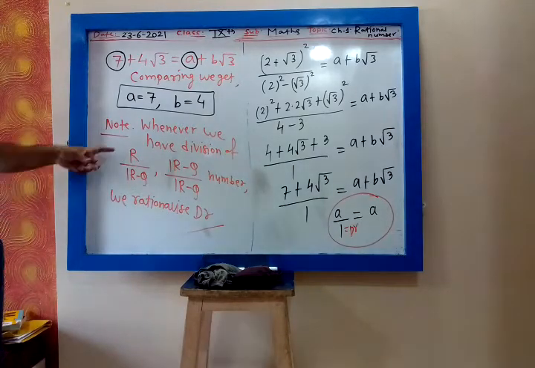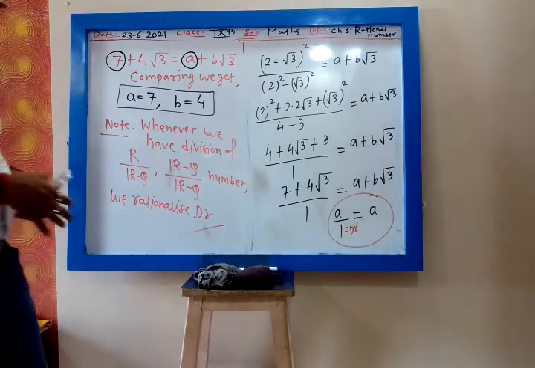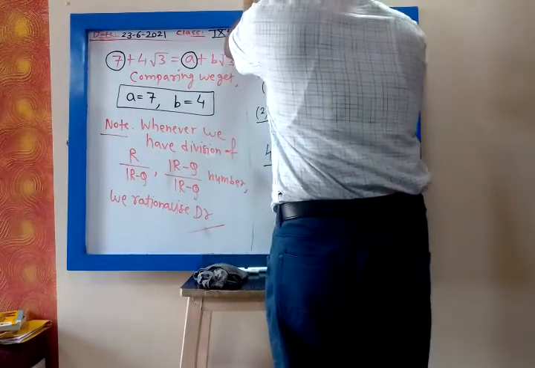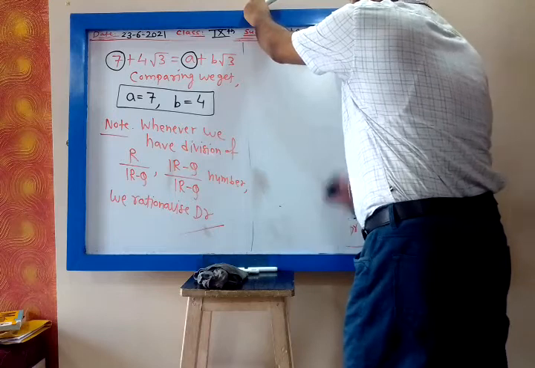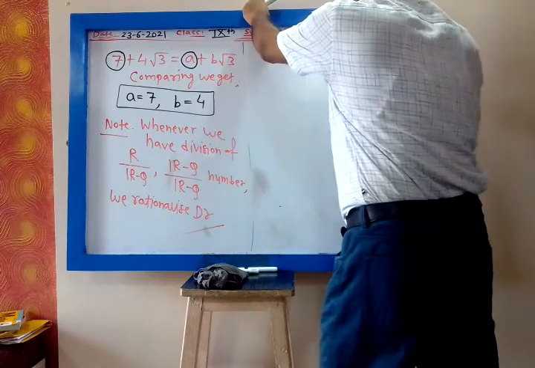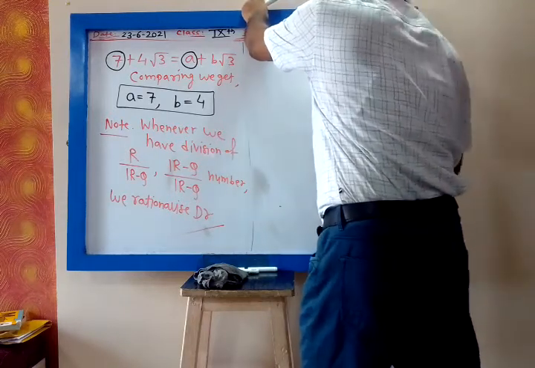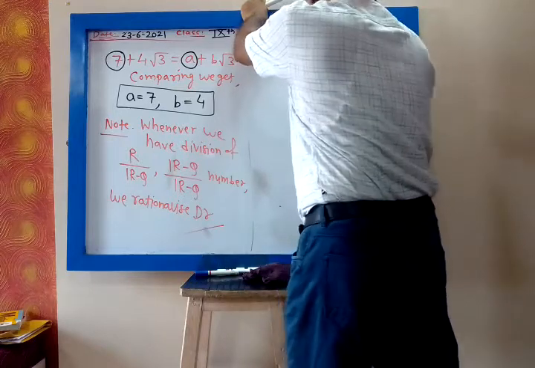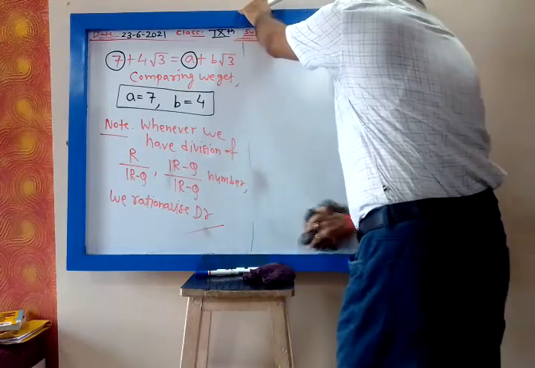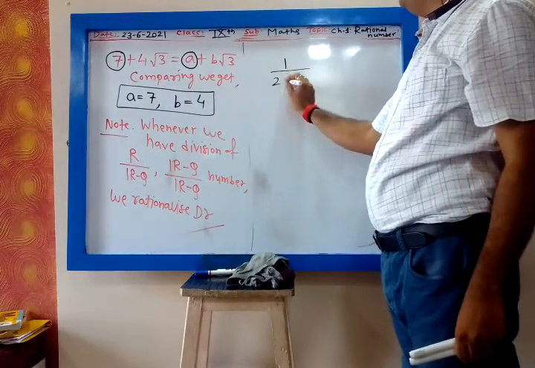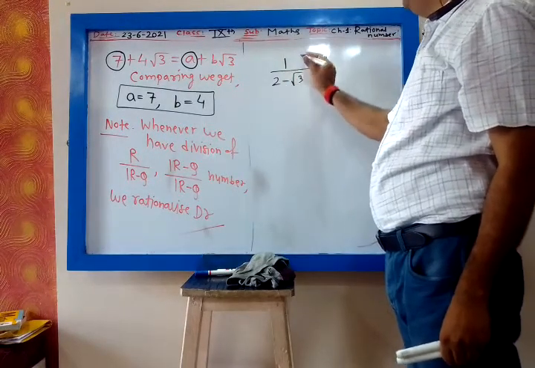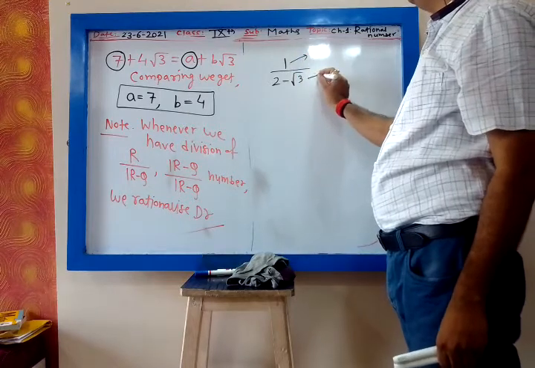Now why have I written rational upon irrational? Because you can get such a problem. For example, 1 upon 2 minus root 3. How will you simplify 1 upon 2 minus root 3? This is rational and this is irrational.